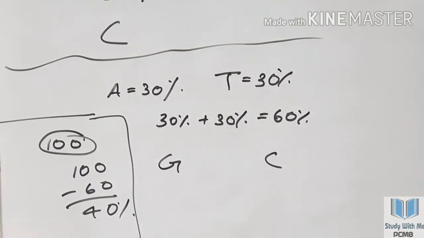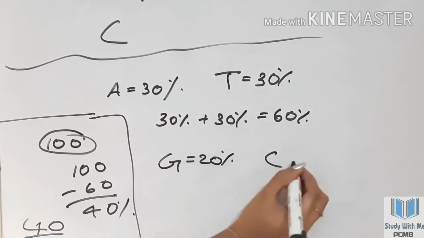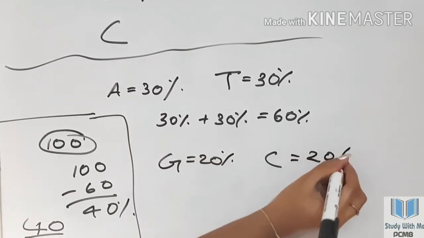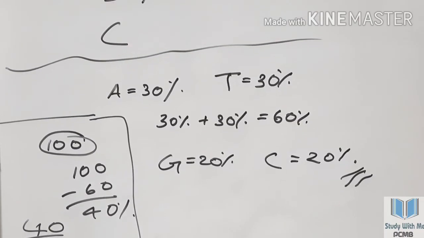We have 40%, and both have to be equal. So we will divide 40 by 2. Guanine will be 20%, and cytosine will be 20%. This is our answer. We had to find the percentage of cytosine. That was the question which was given.